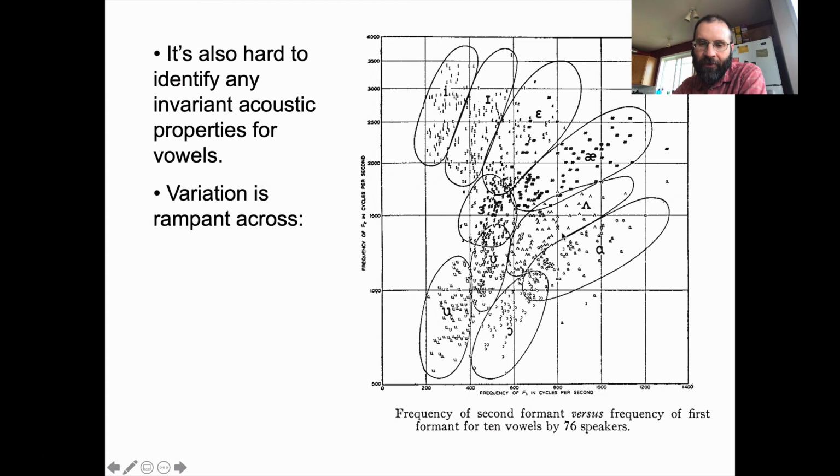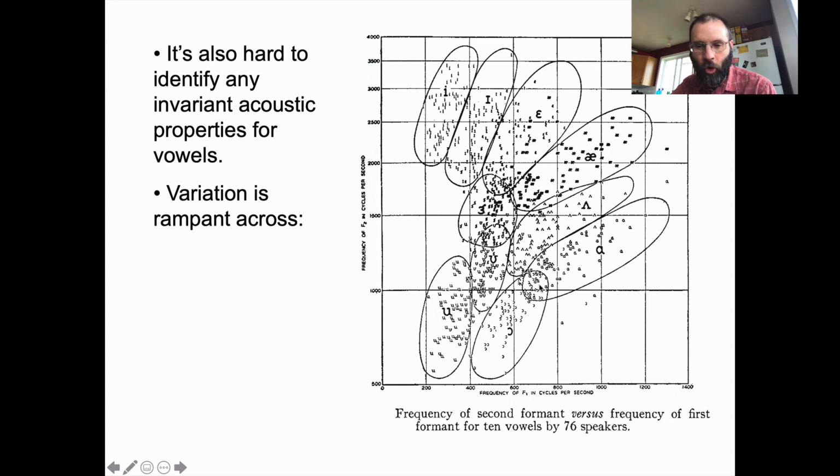They tried to draw circles over the sets of common vowels as they were produced by these speakers, but even though it looks nice at a higher level, it gets pretty messy as you look closer and closer at the details. So here's the set or category, if you want to call it that. There's a lot of as here. There's some is in here as well. Here's the category here in the middle, which overlaps with a number of things.